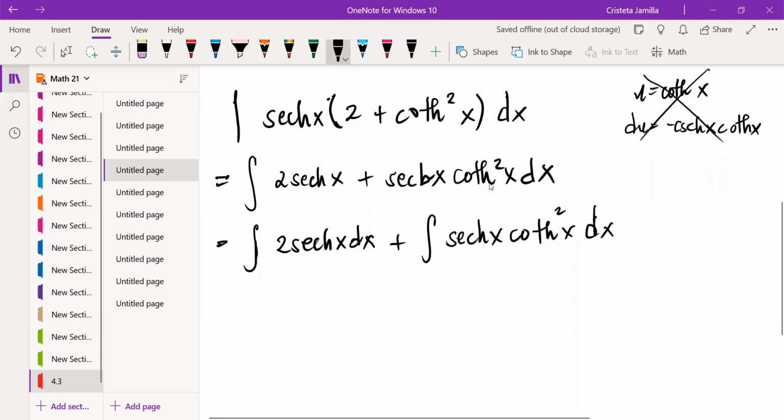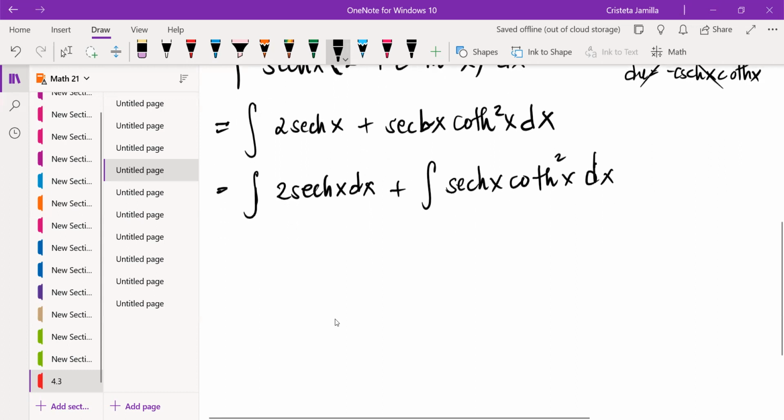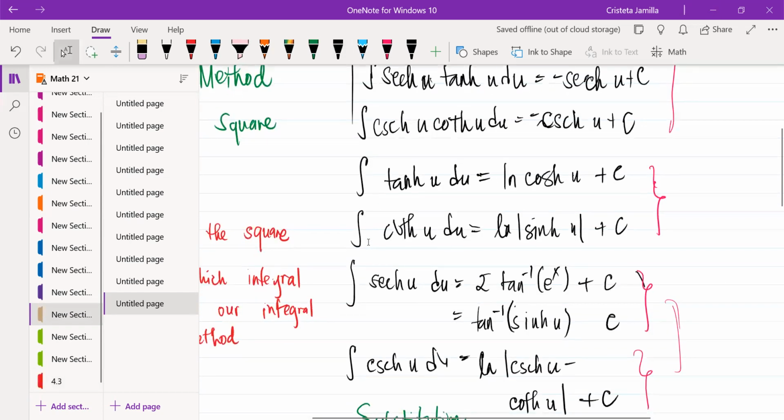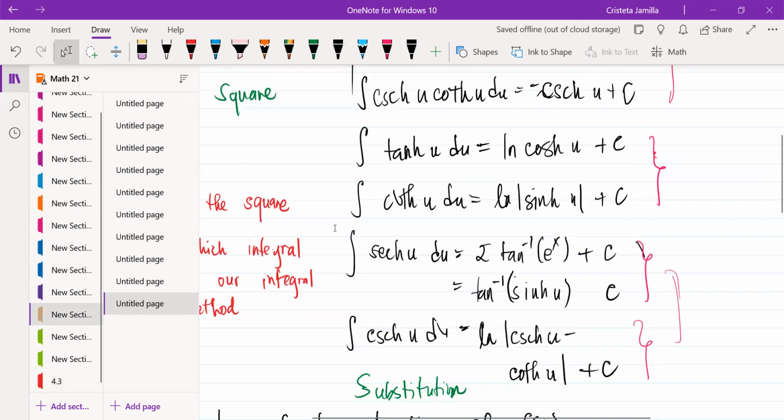Note that for the first integral, we know the integral of this one from the list of our integrals. So that is this one. So I'll just copy this one, Control C, and paste it over here. Oh. Okay.